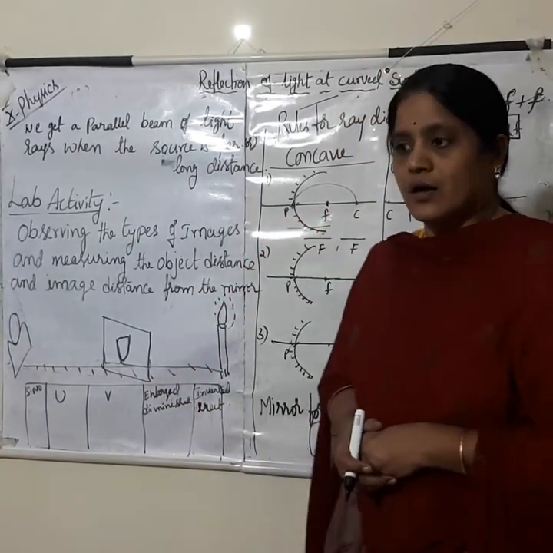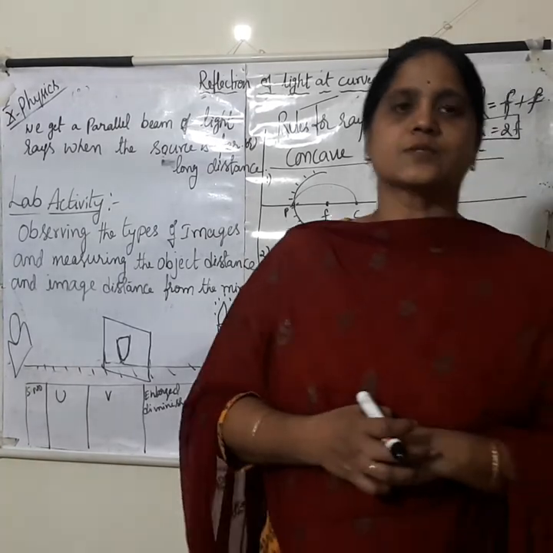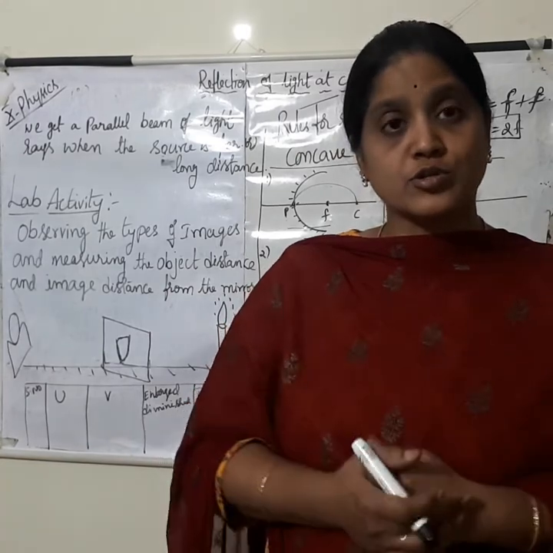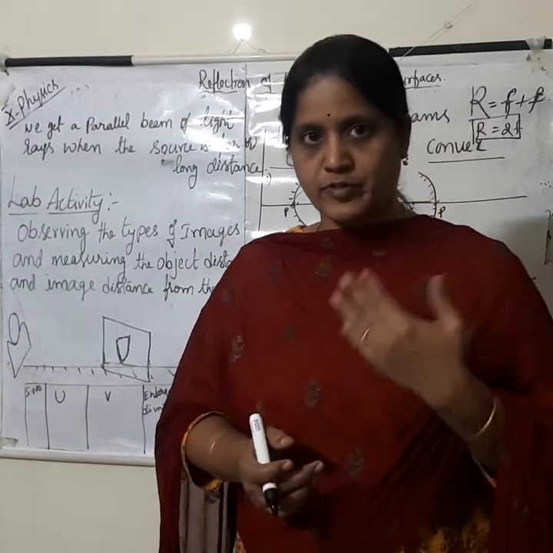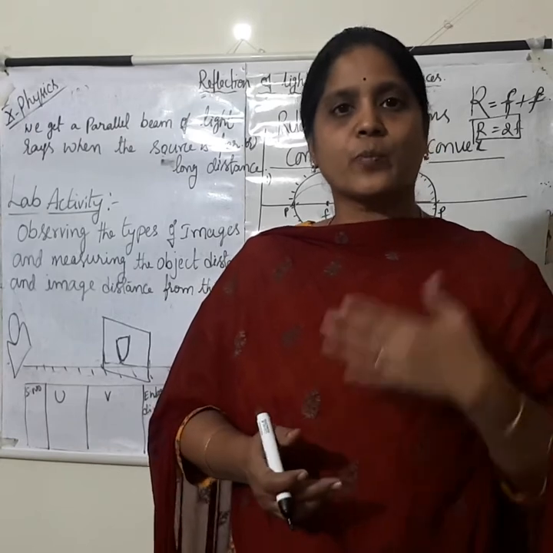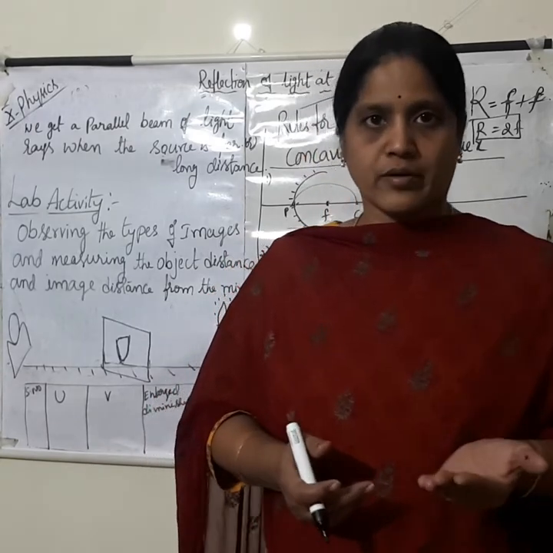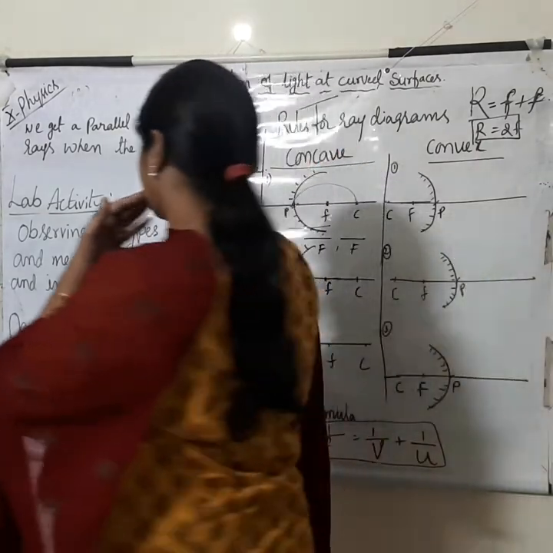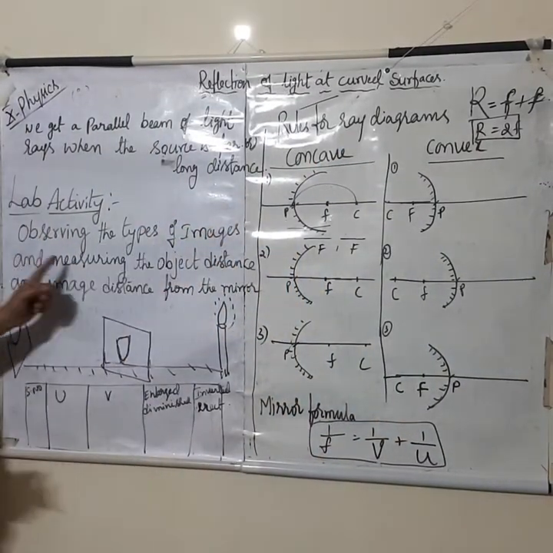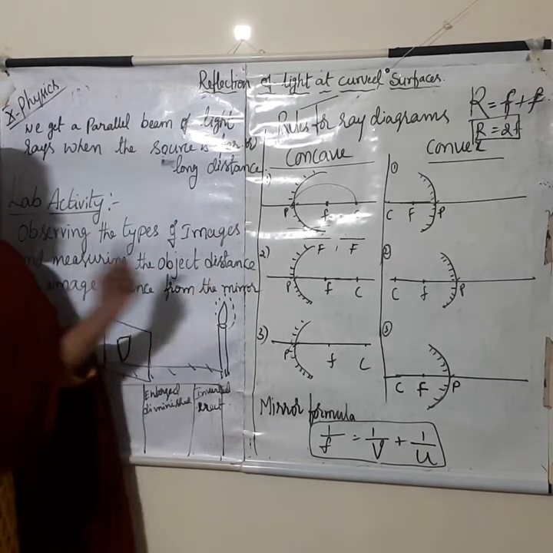Now, how to draw the ray diagrams using convex and concave mirrors. Before drawing these ray diagrams, first we have one lab activity. When you place a concave mirror, we have to observe the types of images and measure the object distance and the image distance from the mirror.